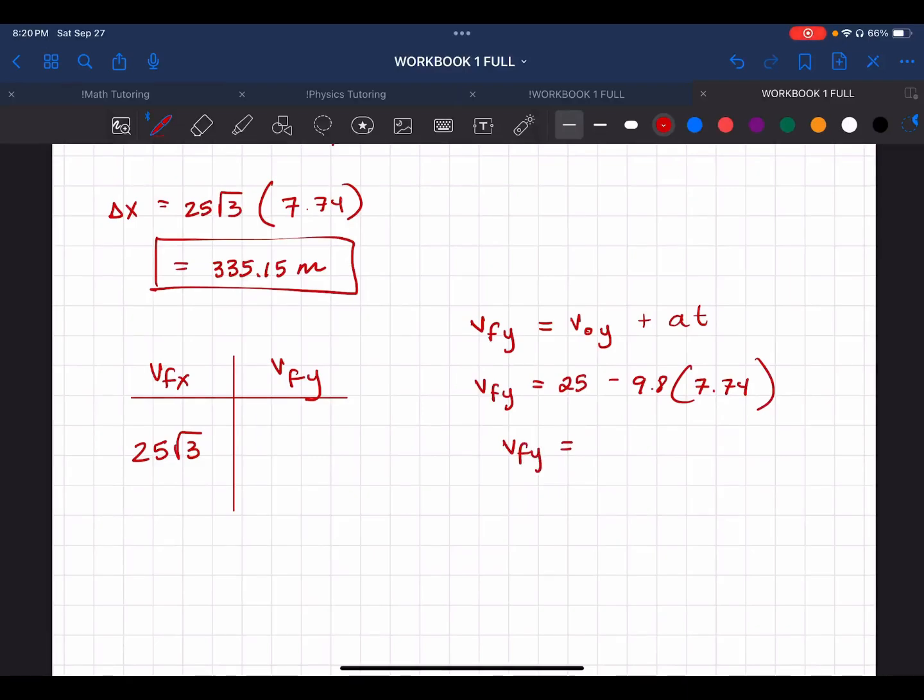And this one will be negative, actually, because at the end it's going in the downward direction. So vfy is negative 50.85.